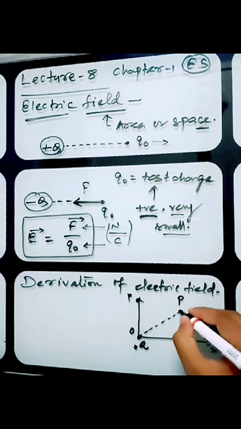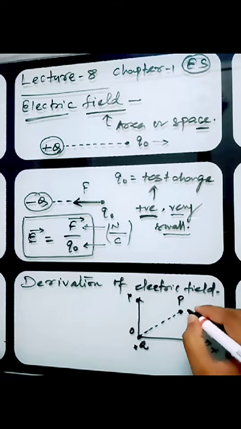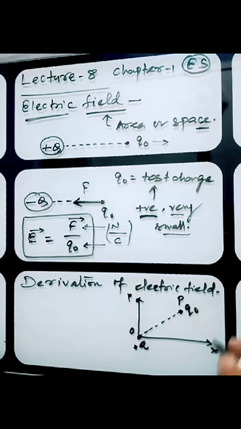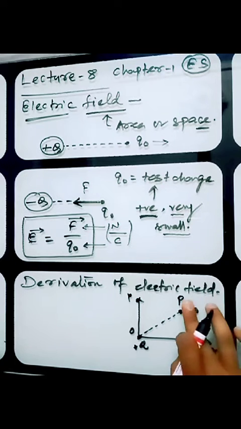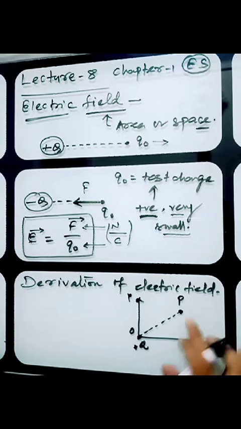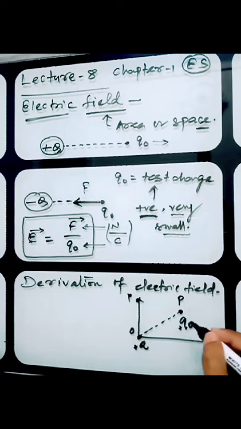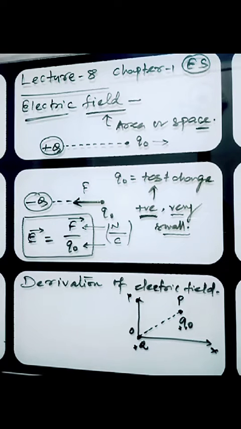We are finding the electric field at point P. This is the test charge we have placed, Q naught. As we have discussed, this is a test charge, a very small charge, and must be considered as positive.